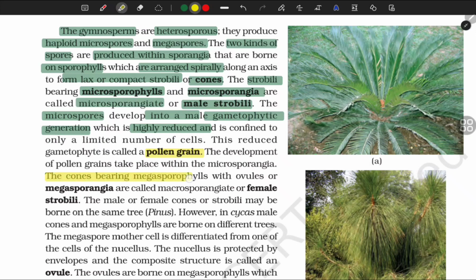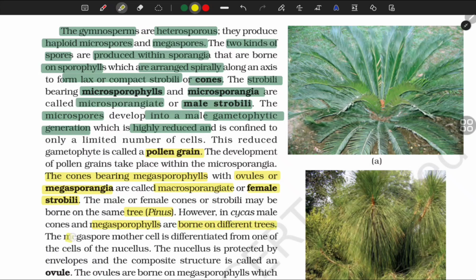The cone bearing megasporophylls with ovules or megasporangia are called macrosporangiate or female strobili. The male or female cones or strobili may be borne on the same tree, as in Pinus. However, in Cycas, male cones and megasporophylls are borne on different trees.